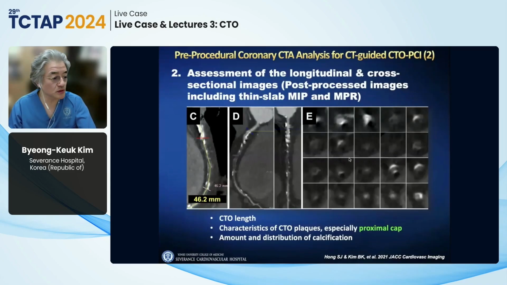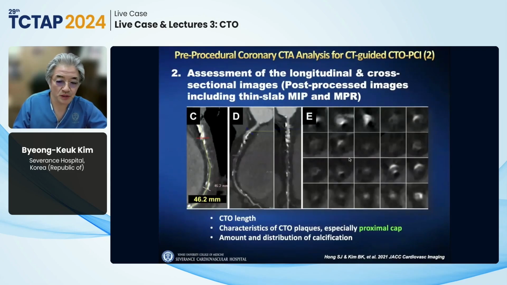Second, the assessment of longitudinal and cross-sectional images, post-procedural CINE loop and MPR images, was performed. Longitudinal and cross-sectional images were visualized to assess CTO length, CTO plaque characteristics, and the amount and distribution of calcification.